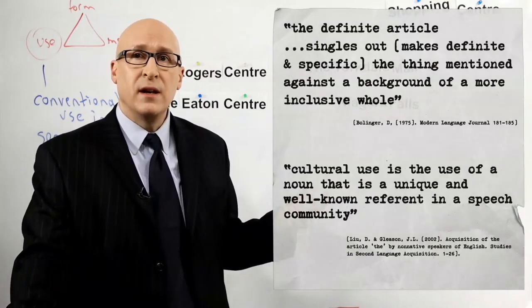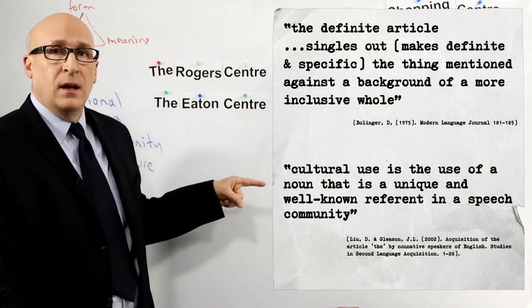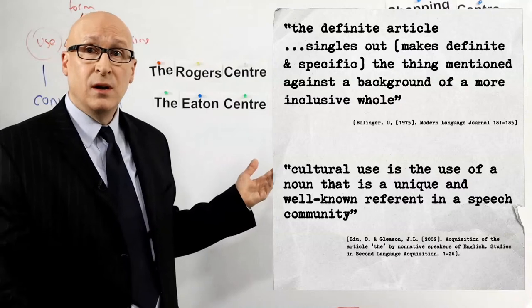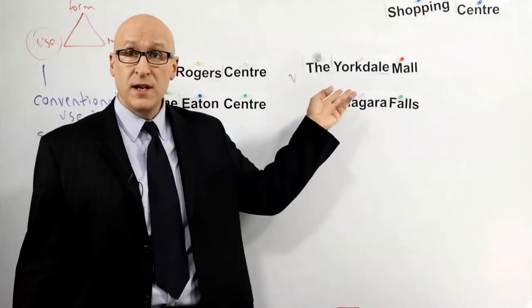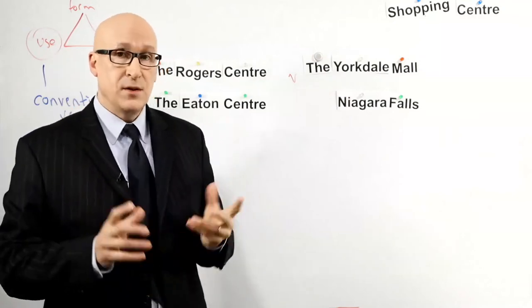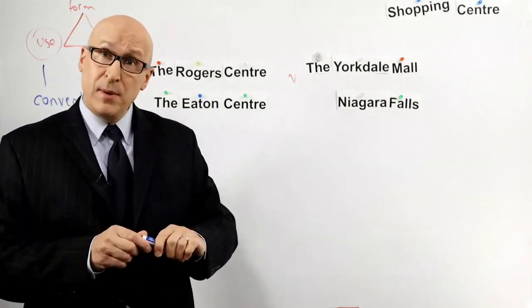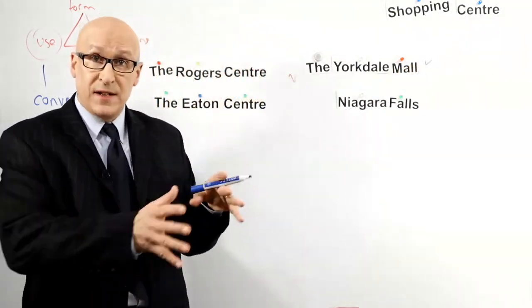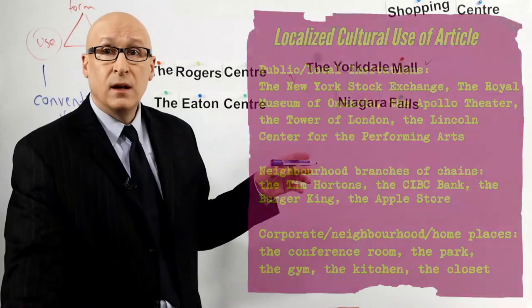Remember our graphic said, use of a noun that is unique and well known in a speech community. Well, in Toronto, if you said the Yorkdale Mall, will people understand which one you're talking about? I think so. So, here's my opinion on it. I think that's fine. It fits the grammatical category, right?